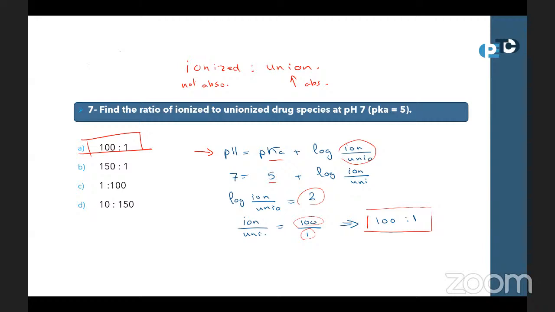When we compare the parts of the drug, we have 100 parts in ionized form, while only one part is in unionized form. So the absorption will be for this one part, a very little absorption rate.